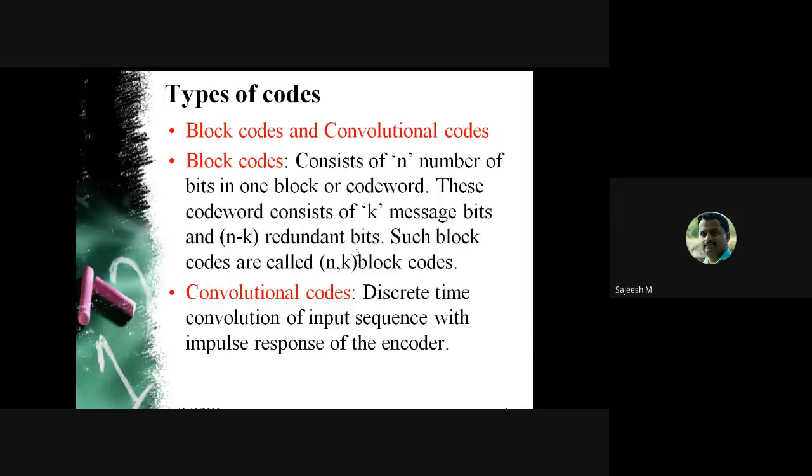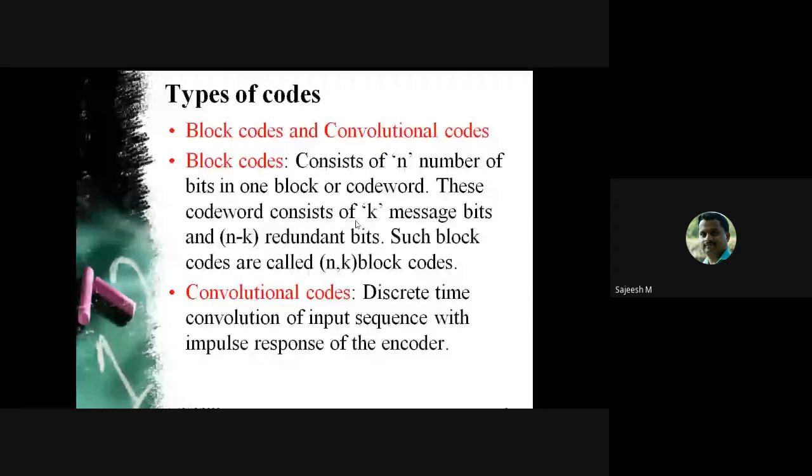Out of these n bits, k will be message bits and n minus k redundant bits. By taking k message bits, we generate some redundant bits, extra bits added for generating the code word.